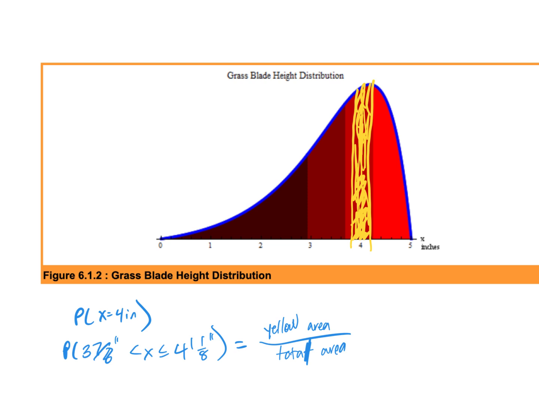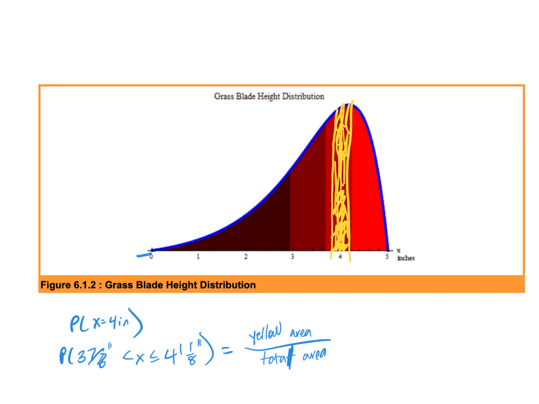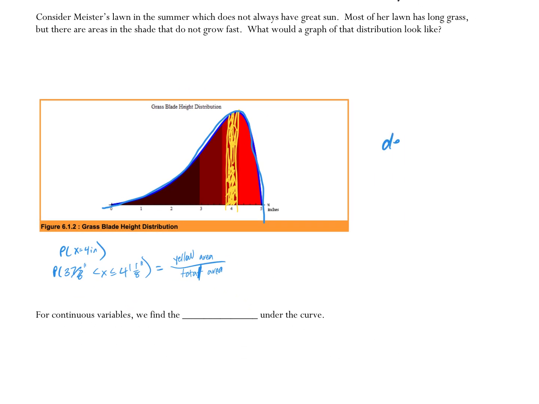Now, in statistics, and this is not a term you need to remember, but I'm going to talk through conceptually what's going on here. This blue curve outlining this area has a special name. That name is a density curve.